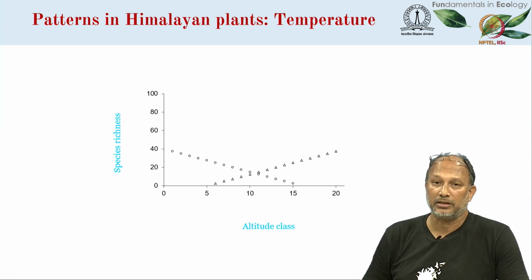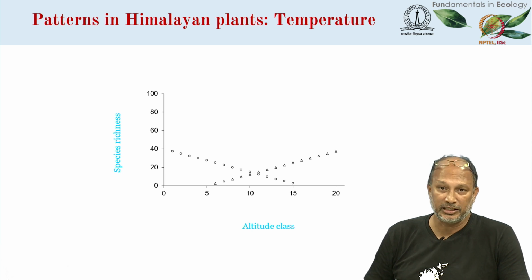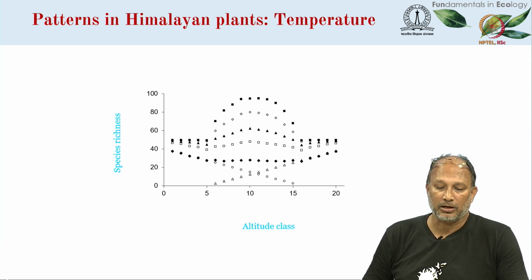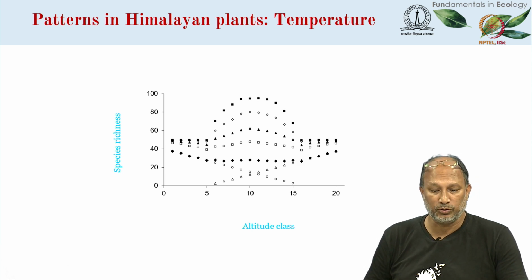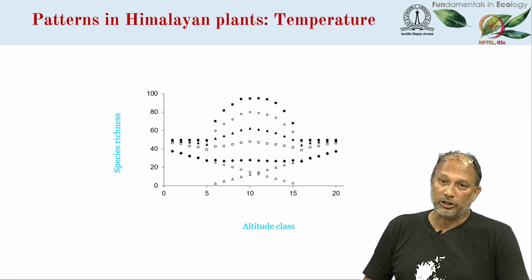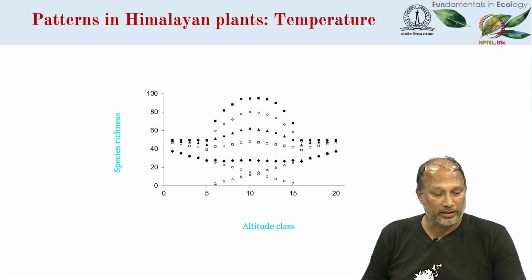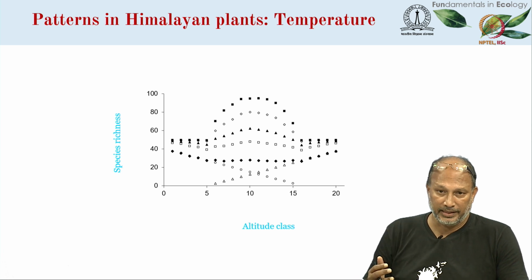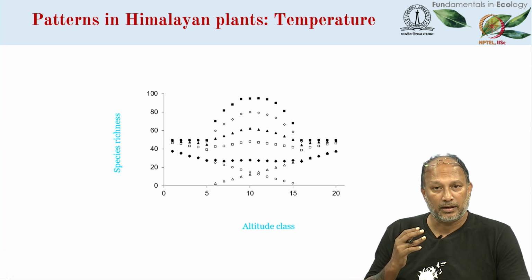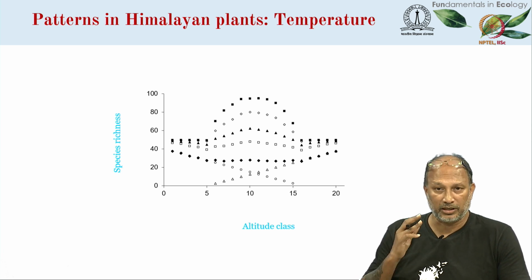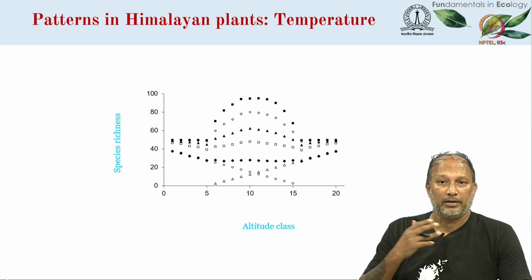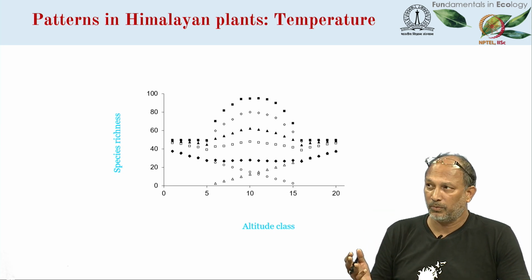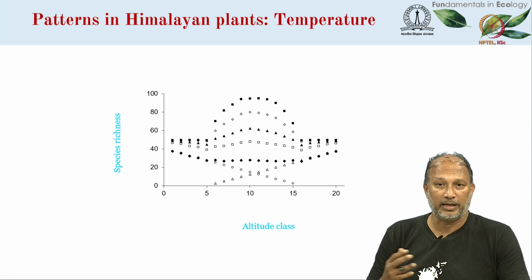Because the middle elevations have a greater species pool, when you sum across a large number of individual gradients, you end up getting a hump-shaped pattern, even though the ecological relationship with the environmental factor is monotonic, is unidirectional. So you get a decline with temperature for tropical species and an increase with temperature for temperate species.